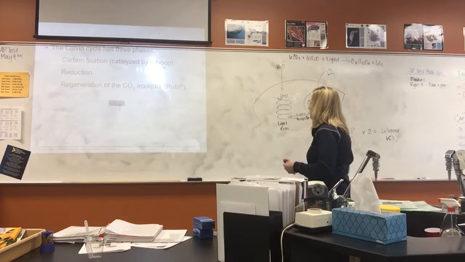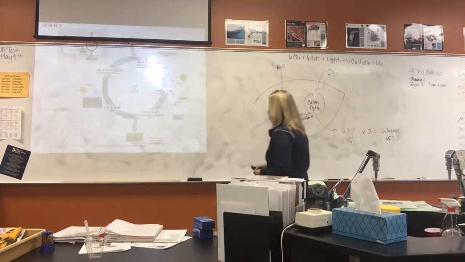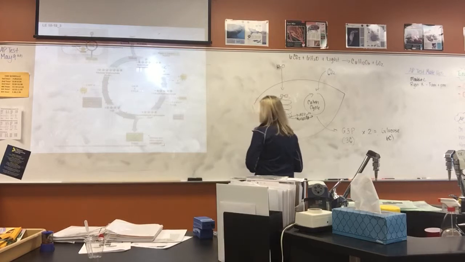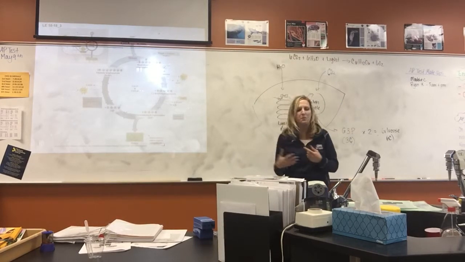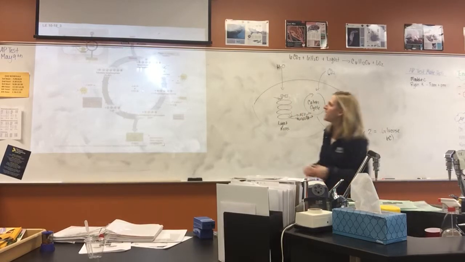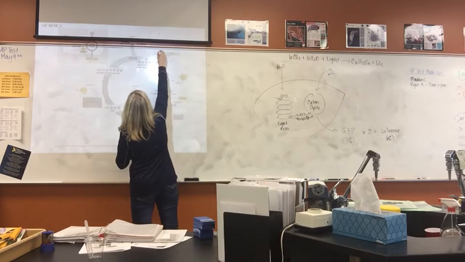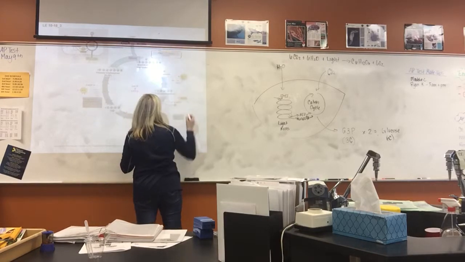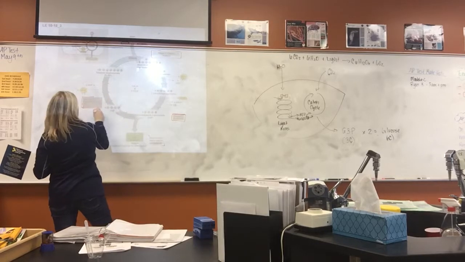We're going to look at all 3 of these phases in this next picture. Just like the citric acid cycle, you don't need to know all the intermediates. We don't have to memorize the names of all these molecules. But here are your 3 phases that we just wrote: here's phase 1, here's phase 2, and here's phase 3.